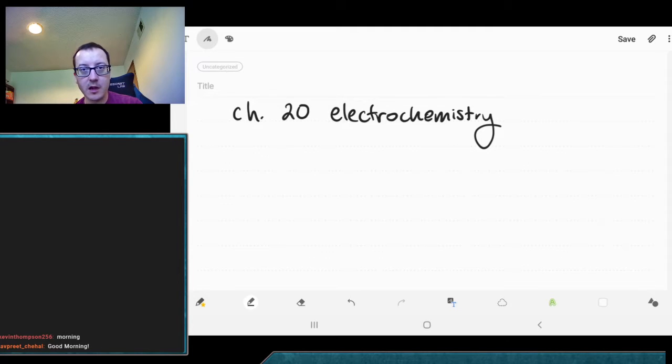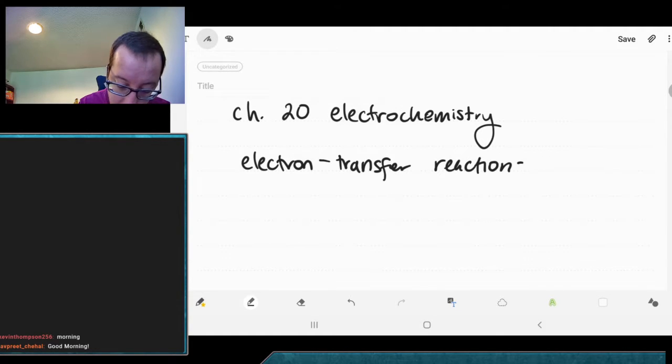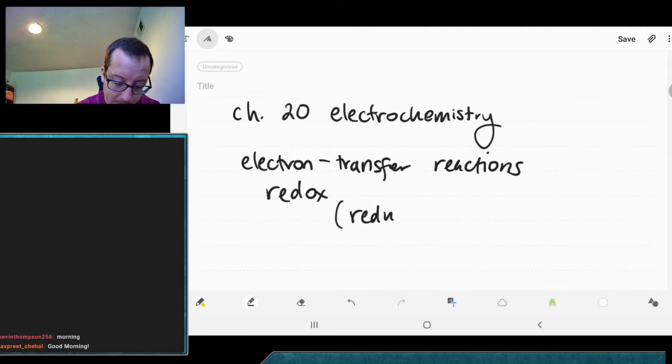First, though, we're going to have to do a little bit of a review. We're going to start off by remembering that electron transfer reactions, which are the ones that can generate electricity, are what we commonly call redox, if you remember from last semester, where we have a reduction and an oxidation happening.